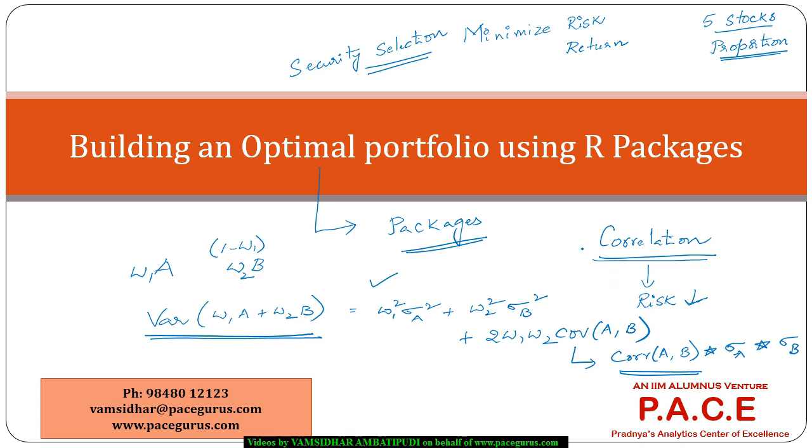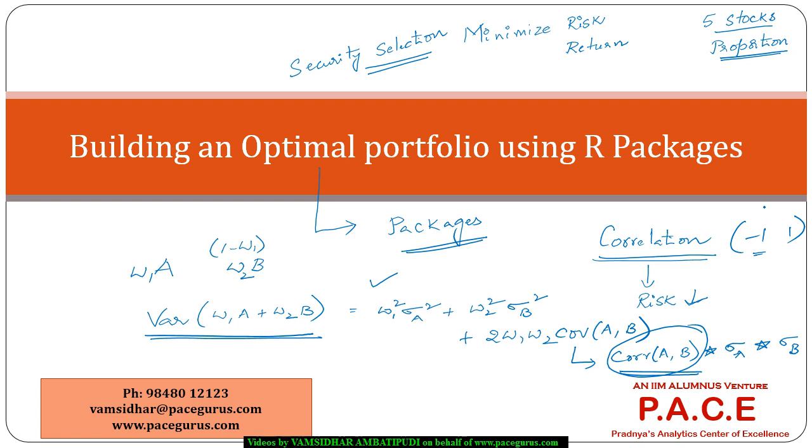The variance can be greatly reduced if the correlation is very negative. We know that the correlation lies between plus 1 and minus 1. If the correlation is very close to minus 1, I can greatly reduce the overall variance of the portfolio, and I can take it close to 0 as well.